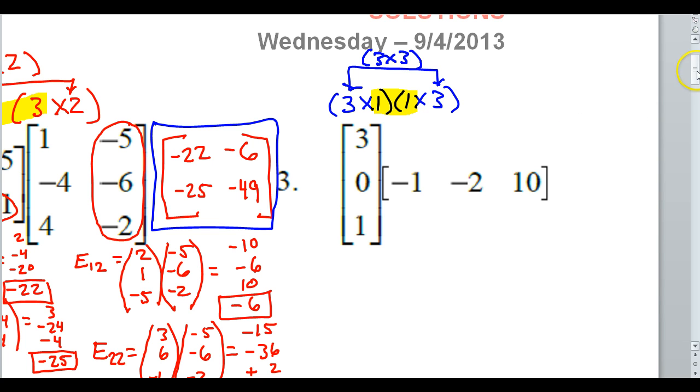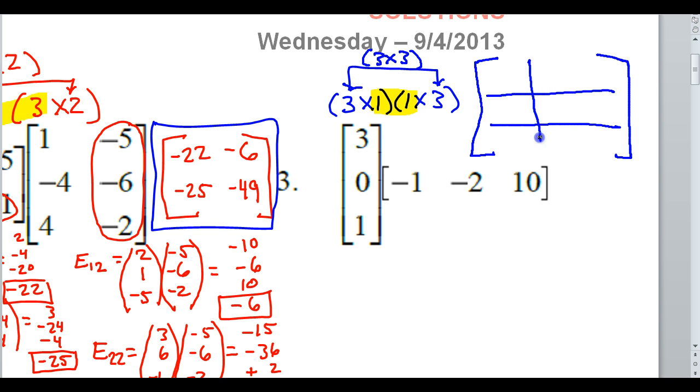So that means the final answer is going to take this form. I'm just going to set it up and we're going to fill these in one at a time. It's got to be 3 by 3, so it's going to be like this. This is element 1, 1, because this is row 1, column 1. This is element 1, 2, row 1, column 2.